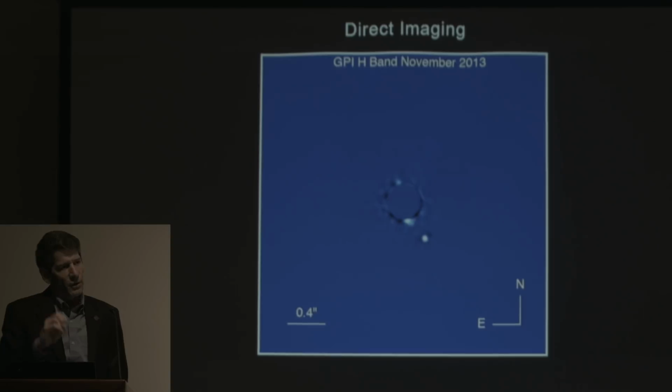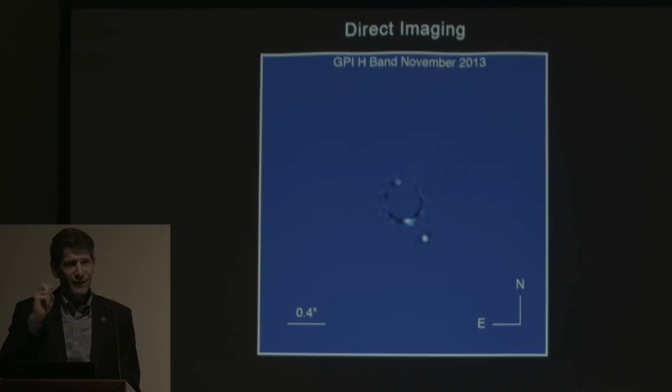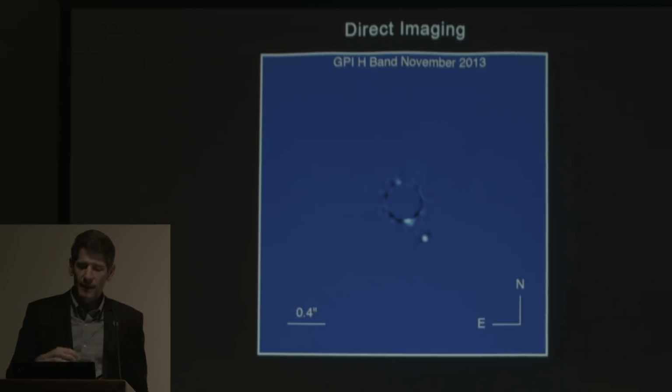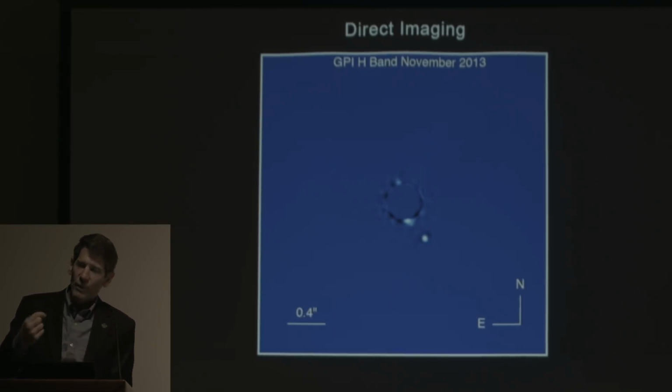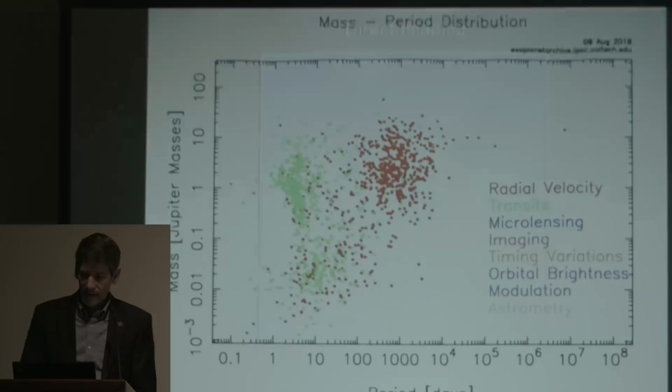So occulters or coronagraphs have to suppress that starlight by a factor of 10 billion. And that's really, really challenging because light diffracts around any kind of object. But we're trying to push the state of the art to be able to attempt direct imaging. And I'll say a little bit more about future missions on that.